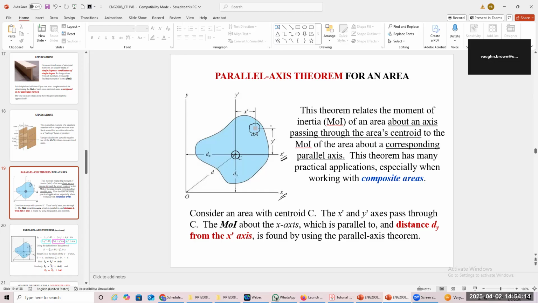So the distance dy is that distance. If I ask you to find the inertia around the x-axis, not the centroidal axis, but the x-axis, this is what you use. This is your dy for any figure. If I also ask you to find about y from the centroidal axis, you use dx.